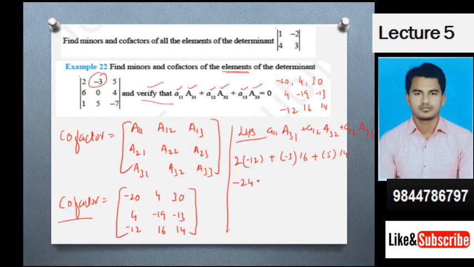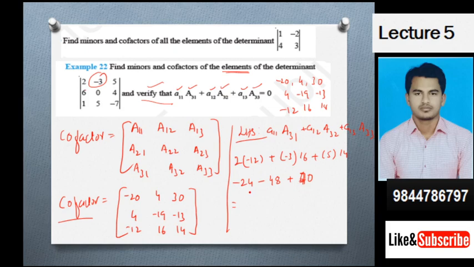Minus 24 minus 48 plus 60. Now it is equal to, sorry, 70. Minus 24.